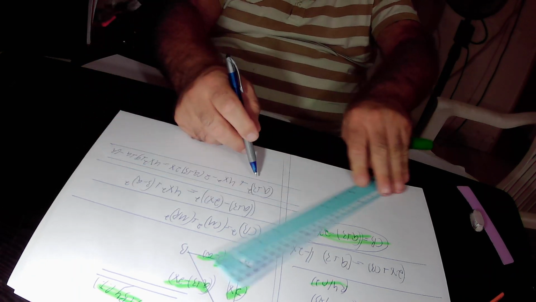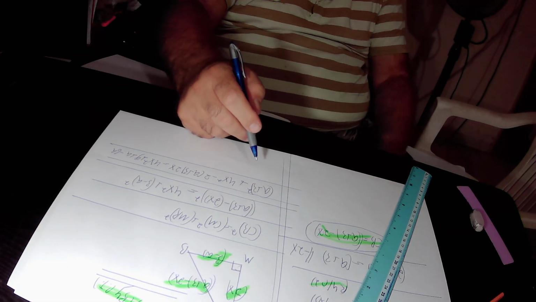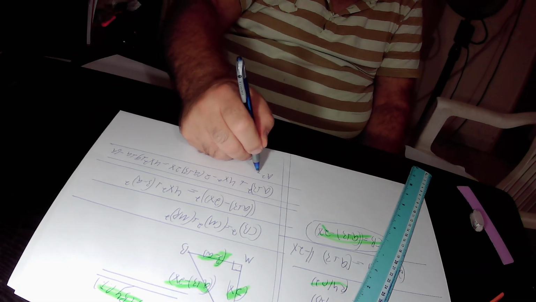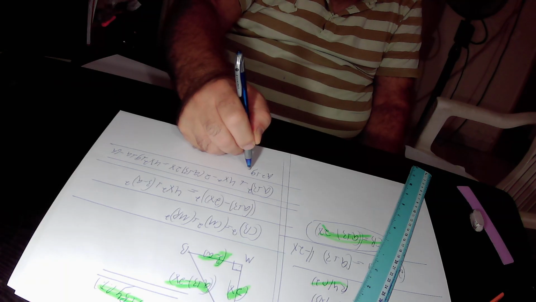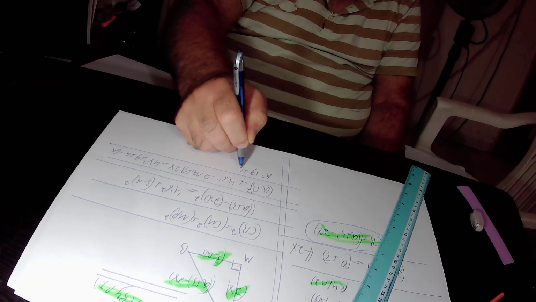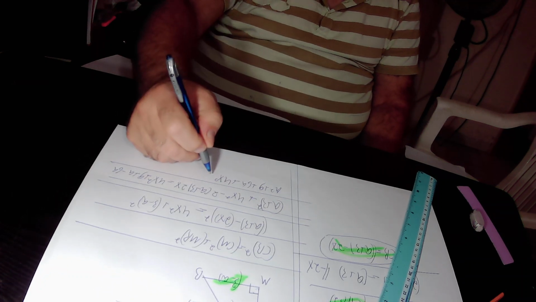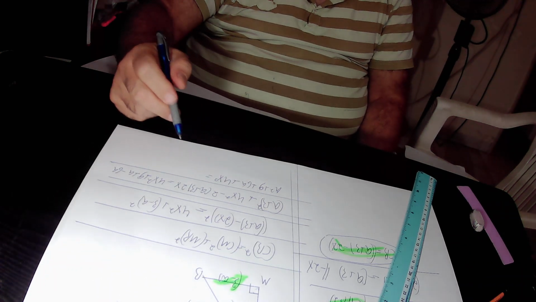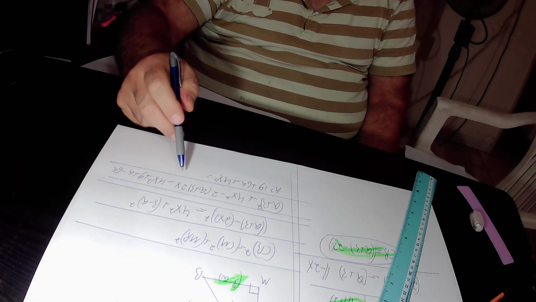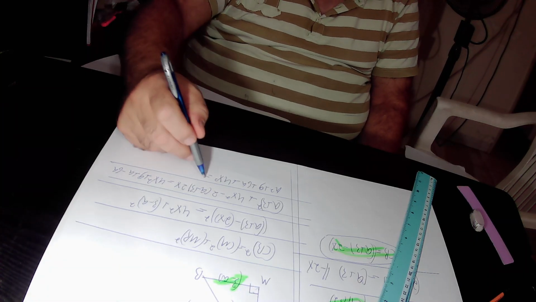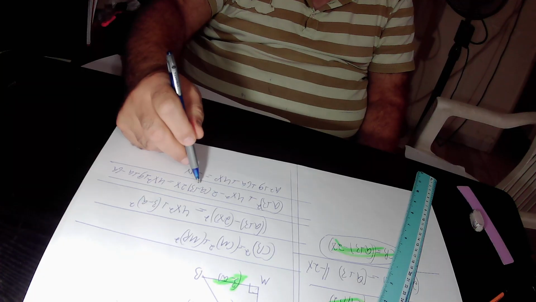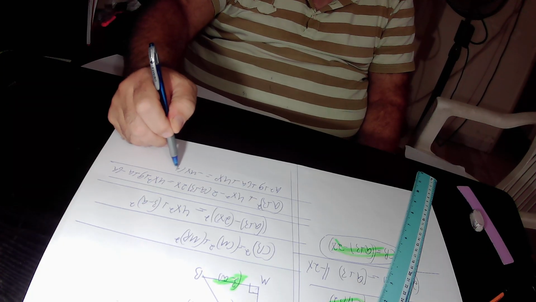We'll open the brackets of this expression and get that a plus 3 squared equals a squared plus 3 squared, that is 9, plus 2 times a times 3, that is 6a, plus 4x squared, minus 2 times 2x, that is minus 4x, so in total this expression equals minus 4x times a plus 3.